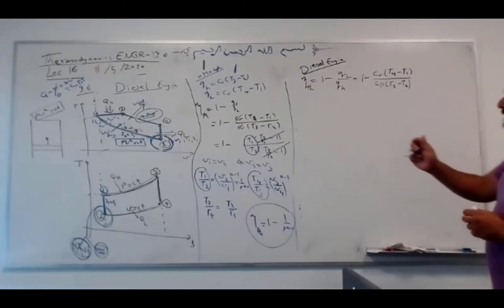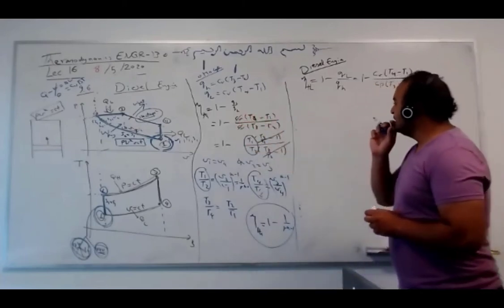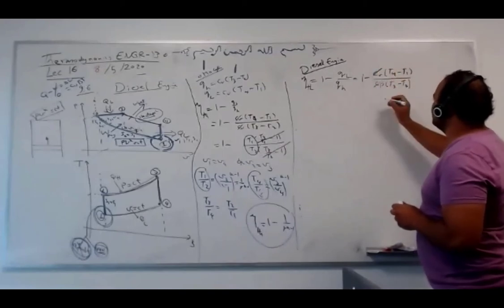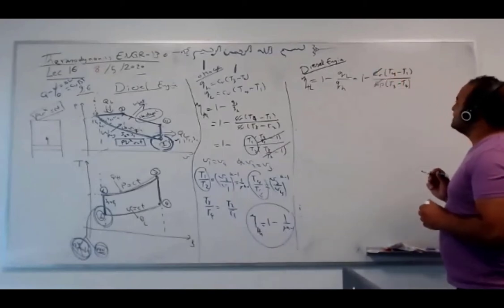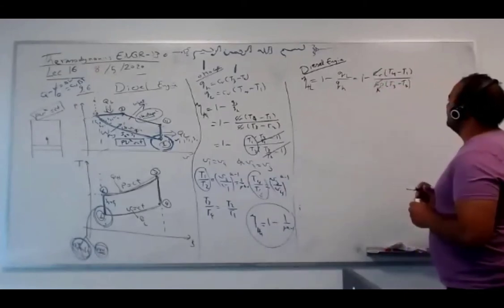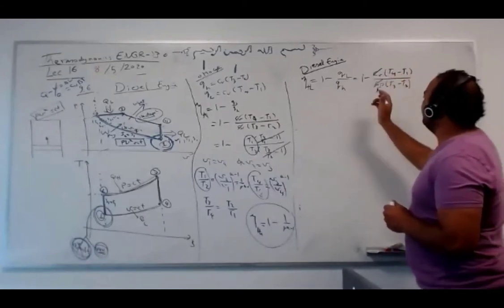Yeah. So here Cv cancels Cv. But what happened here? Cp over Cv is what? Can somebody tell me what this is? A specific heat ratio, k. Again, take T1 and T2 as common factors.